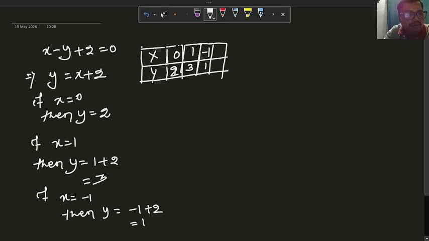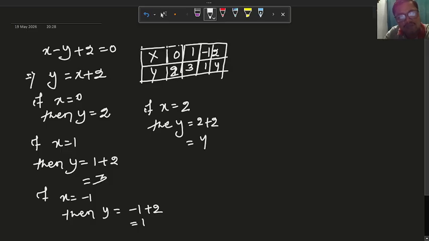Another value we have to add. Suppose x equal to 2, then y will be how much? 2 plus 2 equal to 4. So x equal to 2, then y equal to 4.